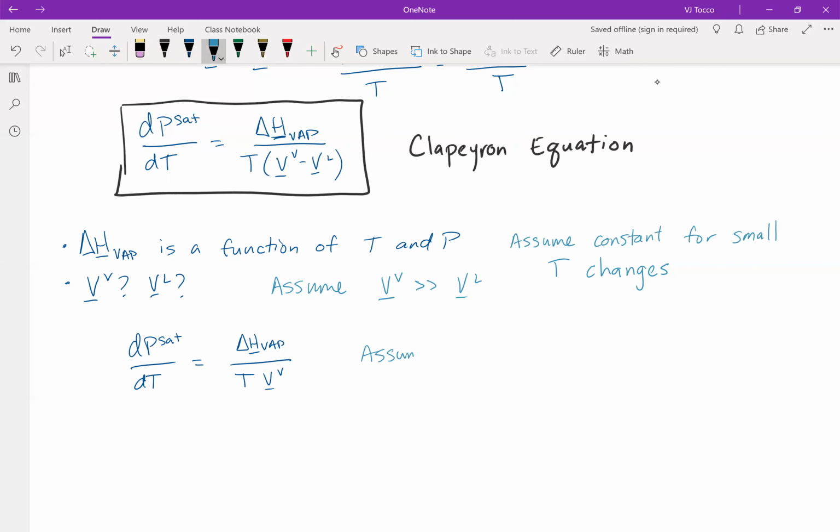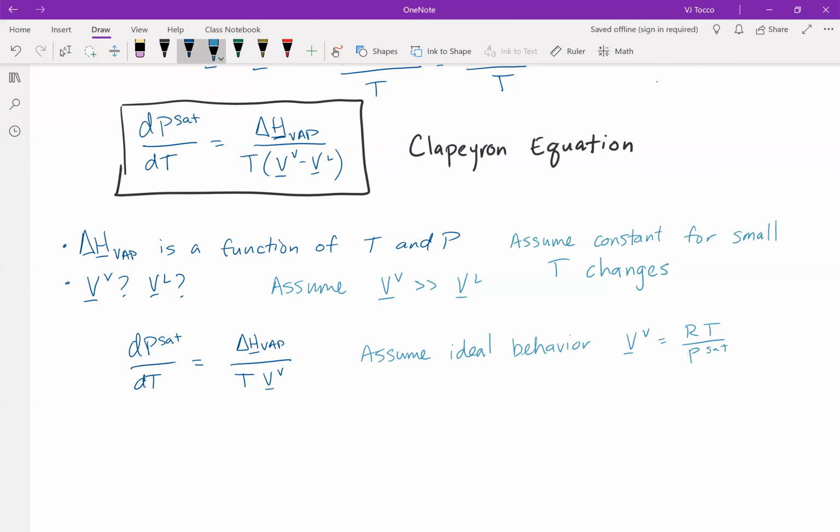If we assume ideal behavior, we can say that the molar volume of the vapor is equal to RT over P. And because we are at saturation, we're going to say that the molar volume of the vapor at saturation is equal to RT over P saturation.